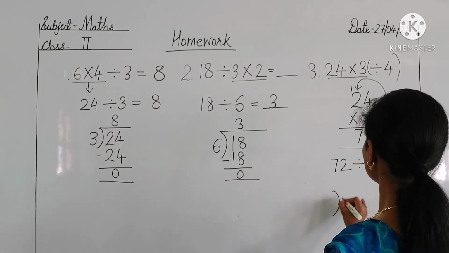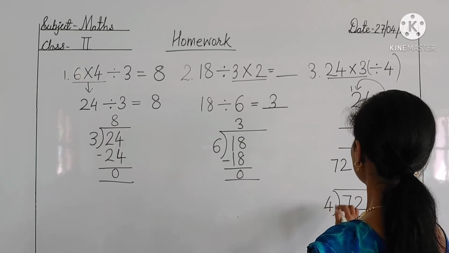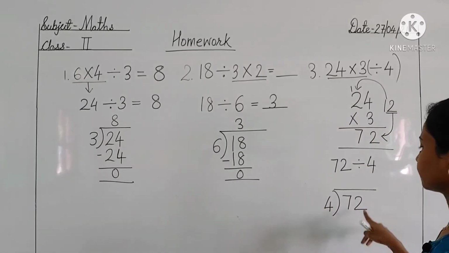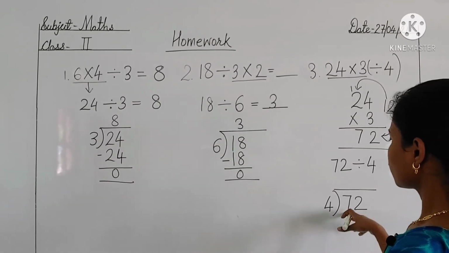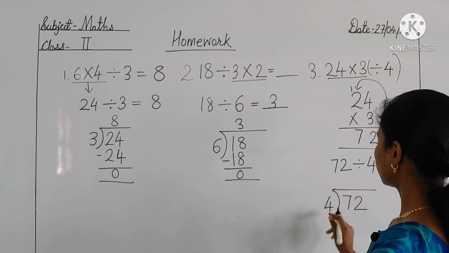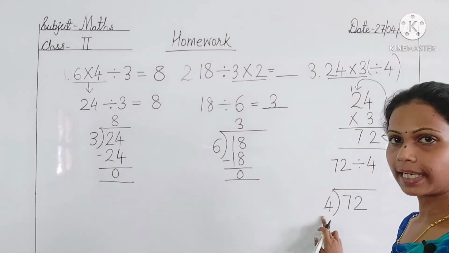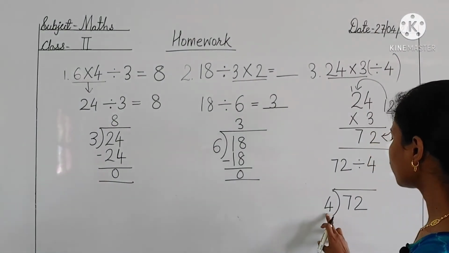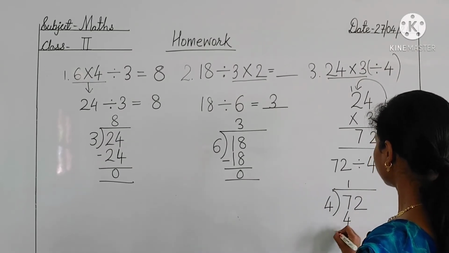So let's do 72 divided by 4. So 4 is a divisor, 72 is a dividend. So first we will take the first number, only 7. So 7 will be divided by 4. 4 1s are 4, 4 2s are 8. So 8 is bigger than 7. So we will take only the first one, that is 4 1s are 4.